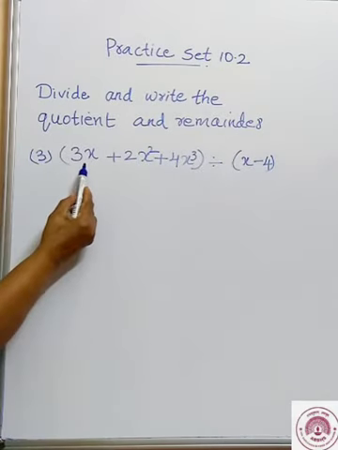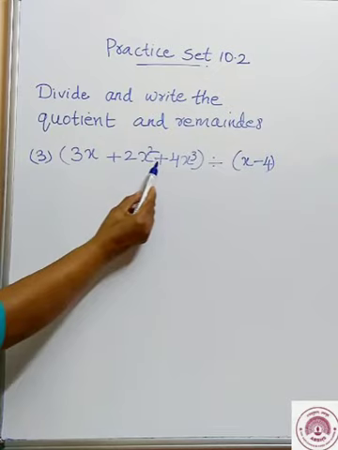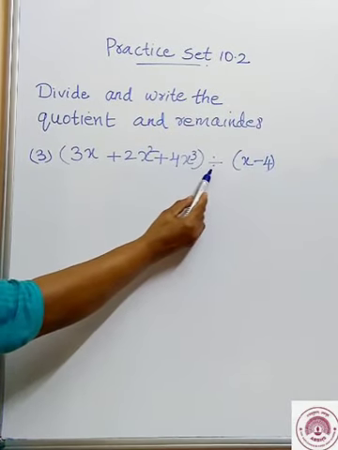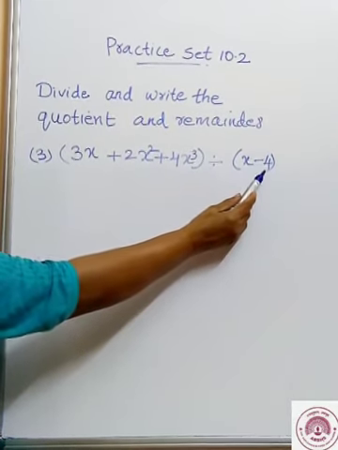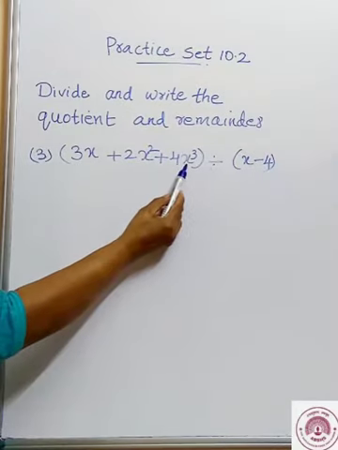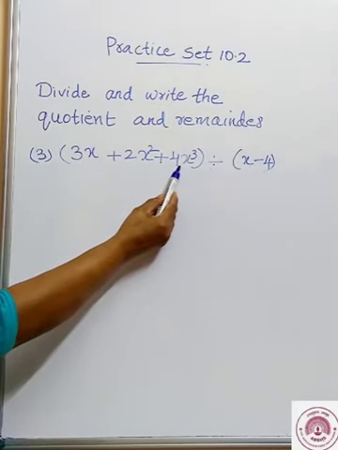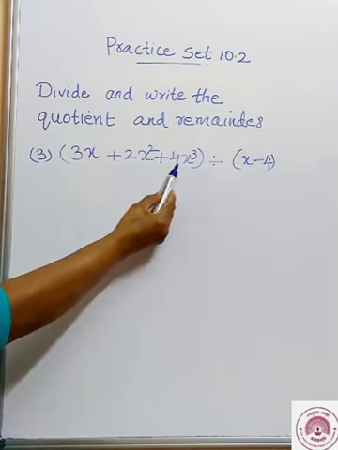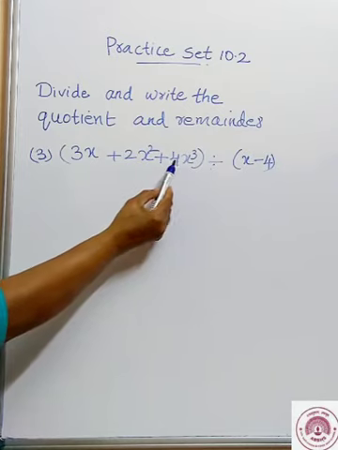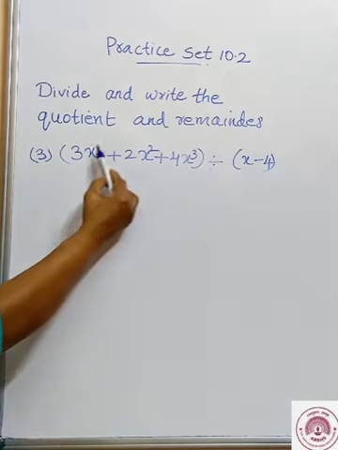Third question is 3x plus 2x square plus 4x cube divided by x minus 4. Here see the dividend, the terms of the dividend are not in the descending order of their indices.